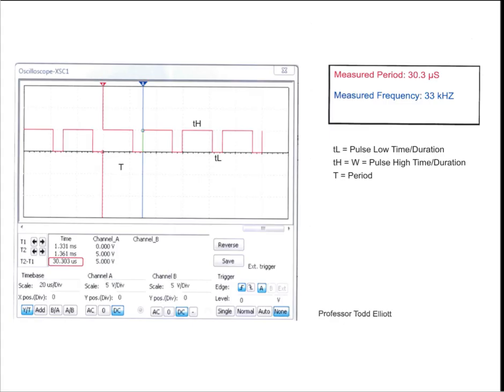In this case, the high time is much wider than the low time, so this means the duty cycle, which is the ratio of TH to the period, will exceed 50%.